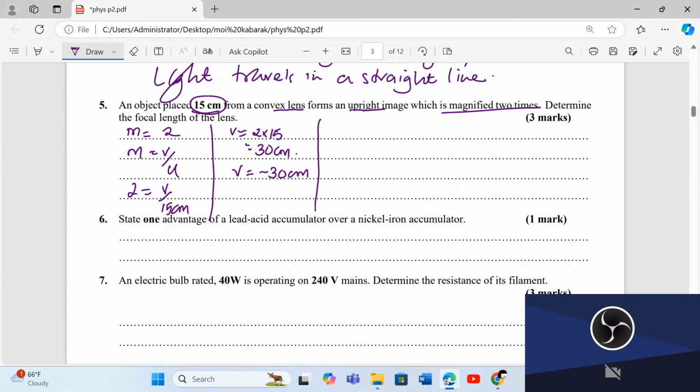Therefore, we can say using the lens formula 1 over F is equal to 1 over U plus 1 over V. Therefore, 1 over F is equal to 1 over 15 plus 1 over negative 30.